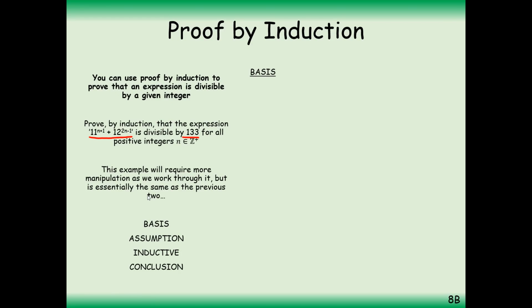For the basis, we're going to say that n is equal to 1 and evaluate the formula with the value of 1 in it. So let's have a look at that. For the basis, we're going to have 11 to the power of 2, which is 121, plus 12.